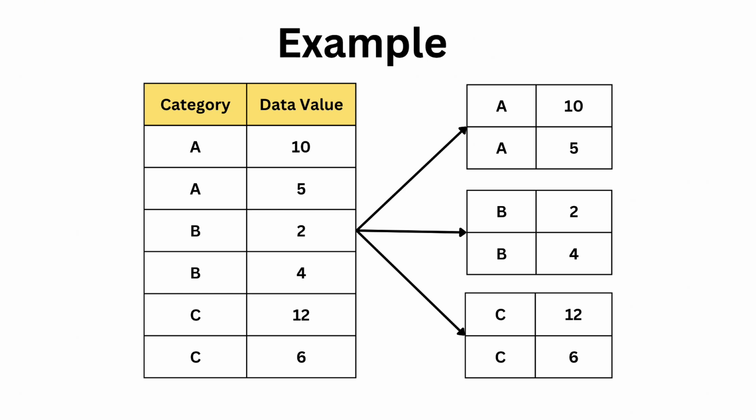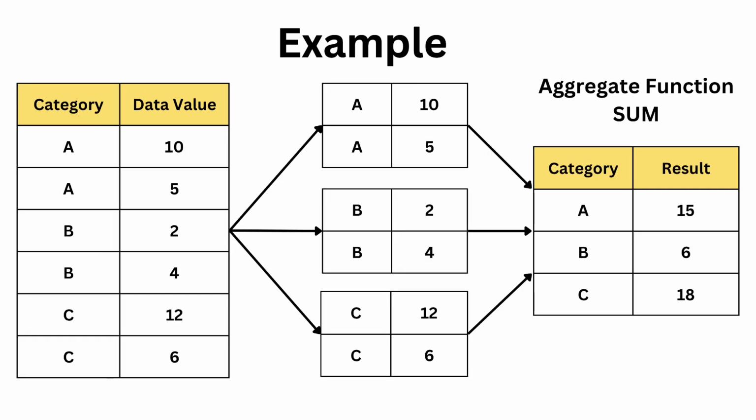So we have all the data values for A, B, and C here. And then you decide on an aggregate function. For example, if we call the sum aggregate function, it's going to take the sum per category, essentially summing up all the A values, B values, and C values. So you can see the result here for A is 10 plus 5, 15, 2 plus 4, 6 for B, and then for C we have 12 plus 6 is 18.